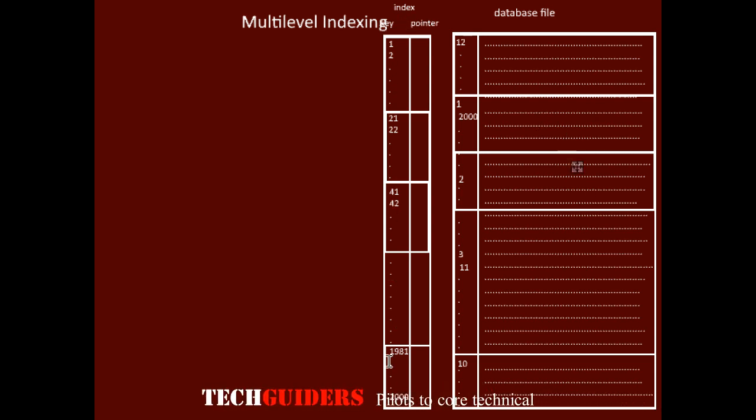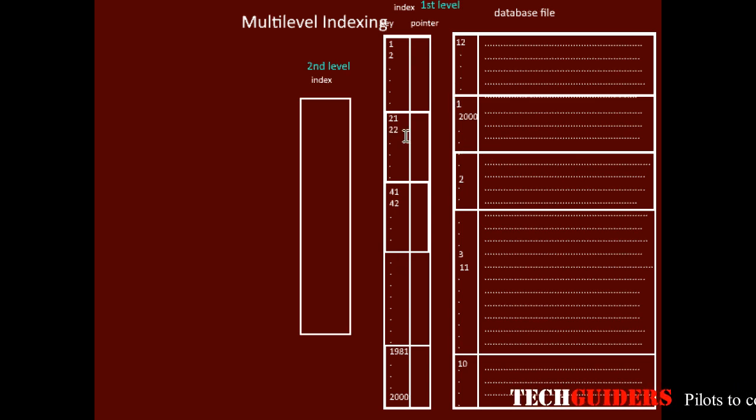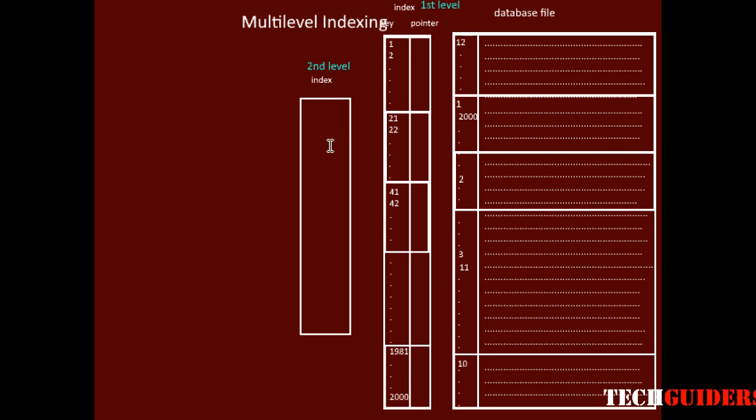And if the index file is also large, we will create an index for this index file, that is multi-level indexing. Here we consider this index file as an ordered file and create an index for this ordered file. Now this becomes the first level index and the new index becomes the second level index.